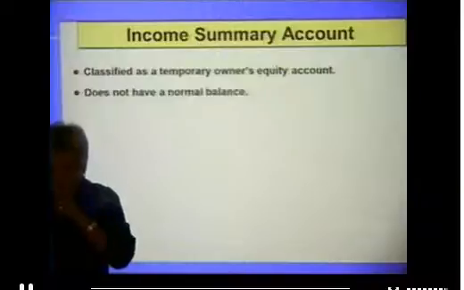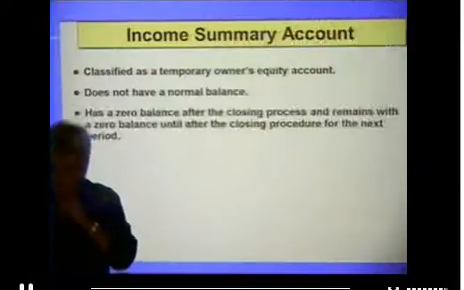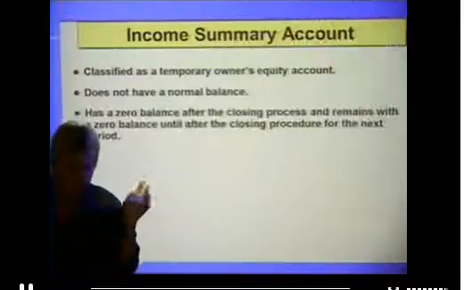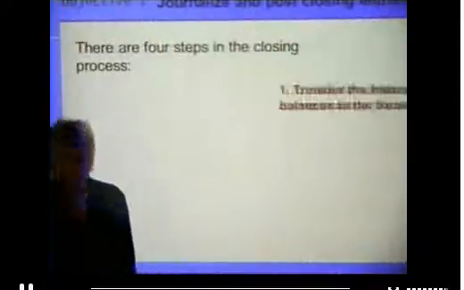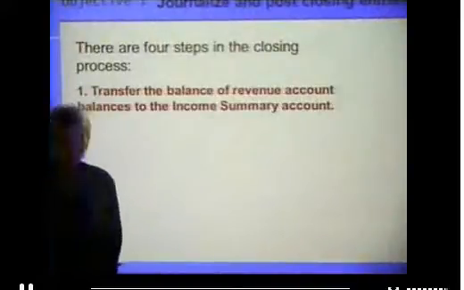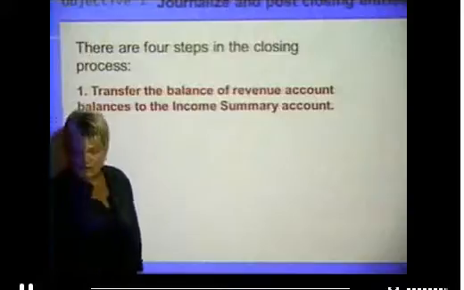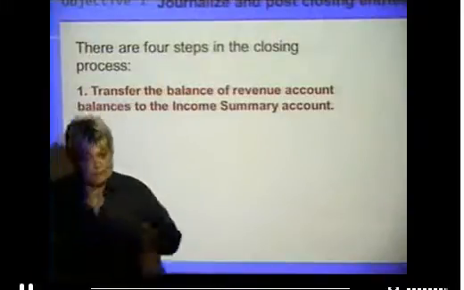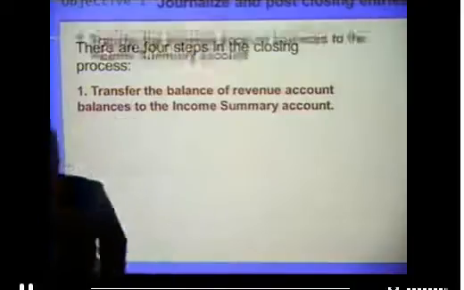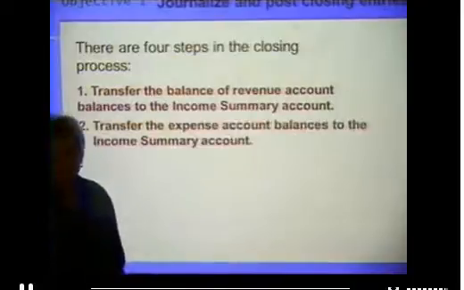It's classified as owner's equity, so it doesn't have a normal balance. But when we finish closing it, because it's step 3, it's going to have a zero balance. So what do we do first? We transfer revenue into the income summary, and that empties out the revenue account. Then the expense account.